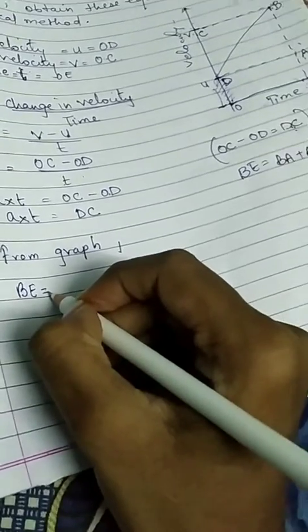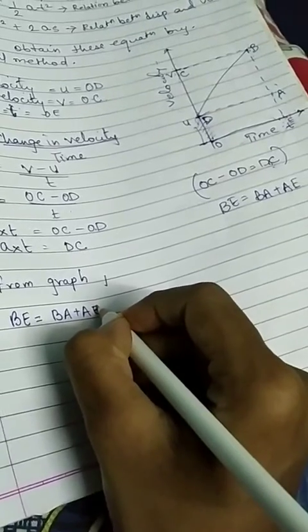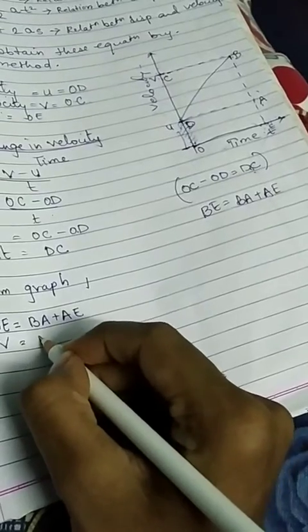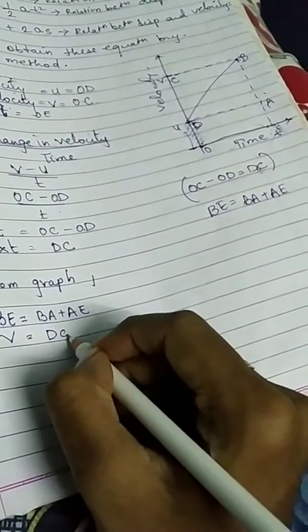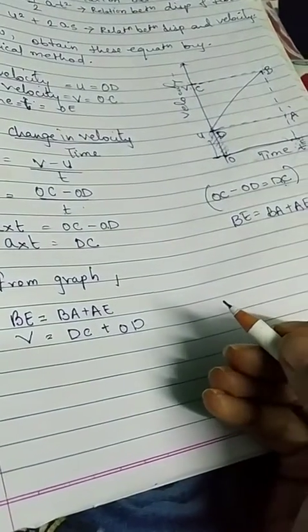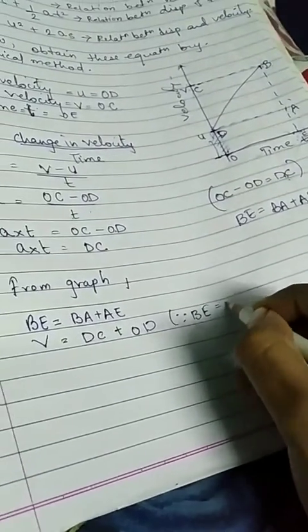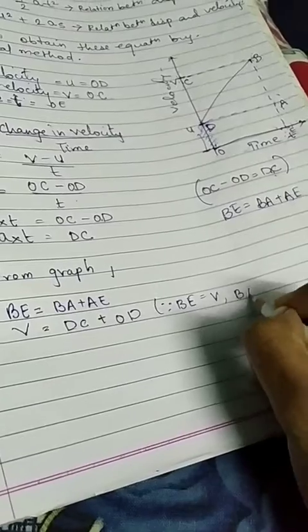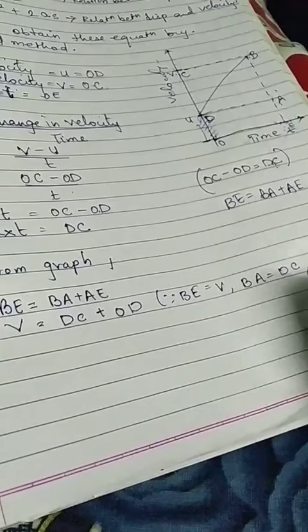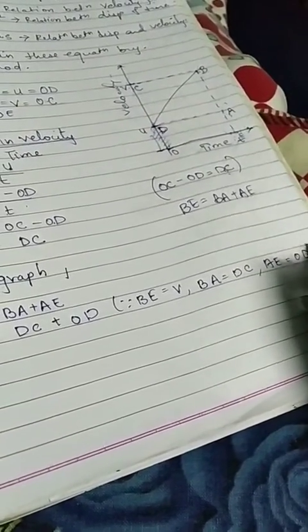BE is equal to BA plus AE. As I said, BE is equal to V, BA is equal to DC, and AE is equal to OD.